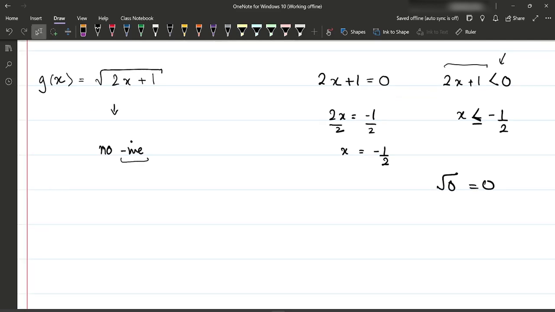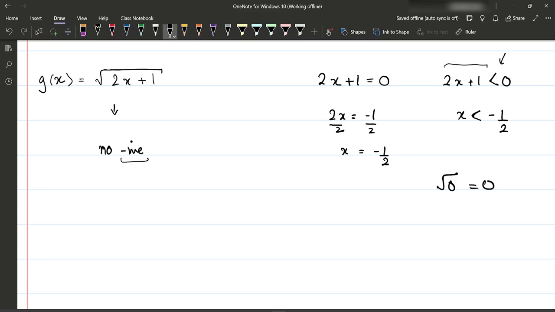But anything less, so x less than minus 1 over 2, would break the function. We know that if we include minus 1 over 2, we're going to get an actual answer. So we can say that the function breaks when x is less than minus 1 over 2.